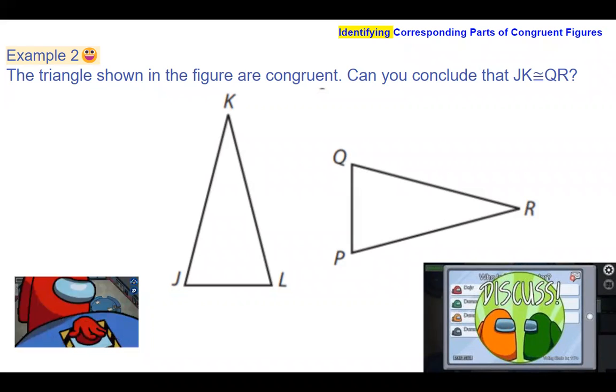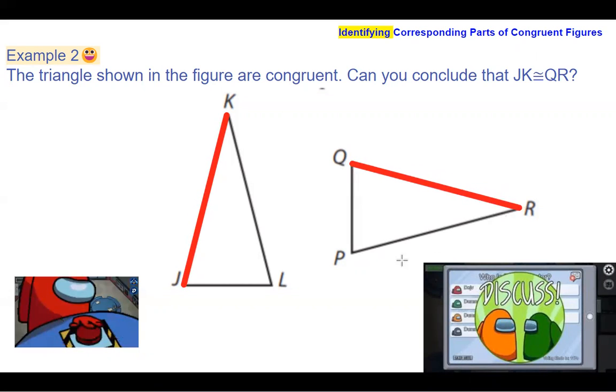Could they or could they not? We're looking at JK right here and QR. Does it look like it's congruent? Do we have enough information? No, why not? One looks smaller, one looks larger.